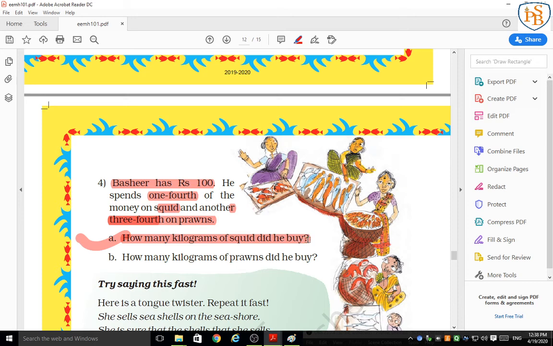Can you find out, students? How many kilograms of squid did he buy? Shall I help you, or can you find out? Yes, first we have to do squid. What is given? 1/4. He spent 1/4 of the money on squid. So first we have to find the 1/4 part of rupees 100.